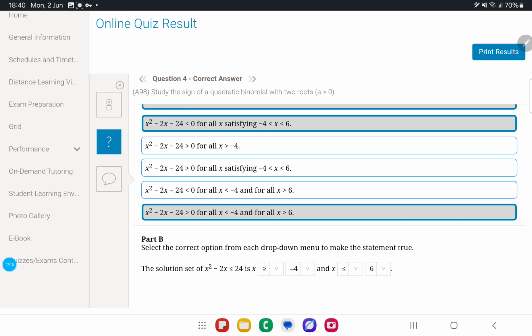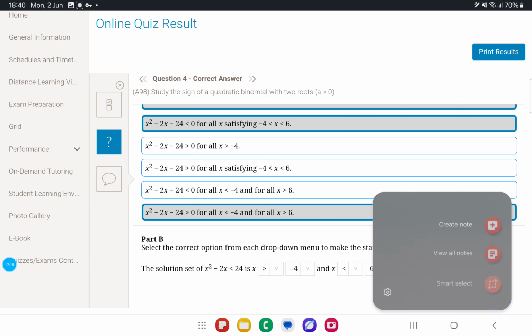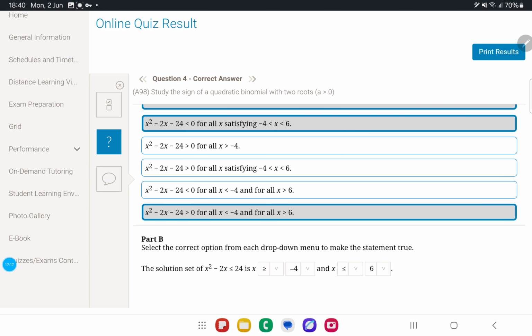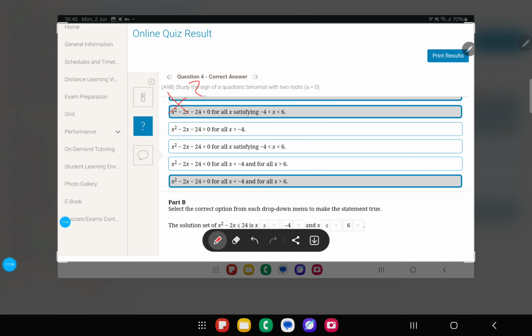Now for part B, the solution set of x squared minus 2x. Okay, let's do this. This is very easy. We got x squared minus 2x less than or equal to 24. Alright, first we're gonna have to correct it. We move 24 to the other side, it becomes -24, less than or equal to 0.